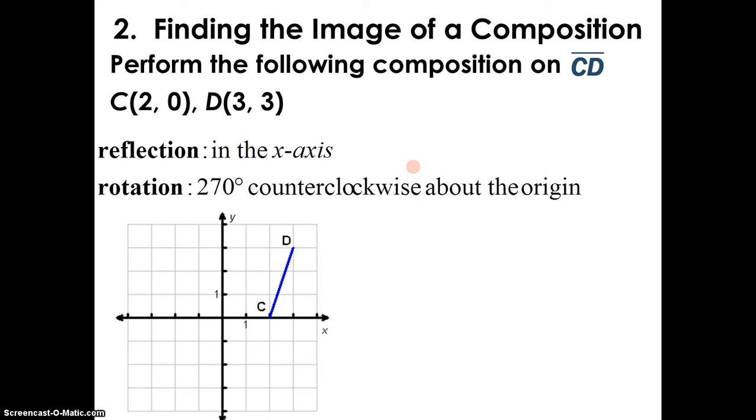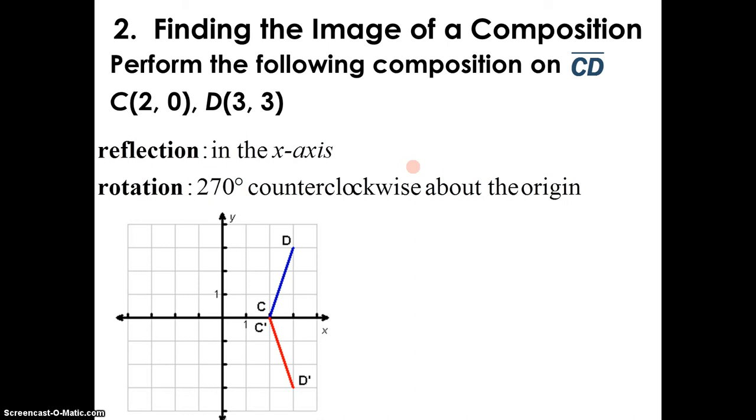So why don't you pause the video and see if you can do this transformation on your own, whether you do it using the graph or using the points. After you reflect it over the x-axis, you should get those 2 points. You have 2, 0 for C prime, and you have 3, -3 for D prime.